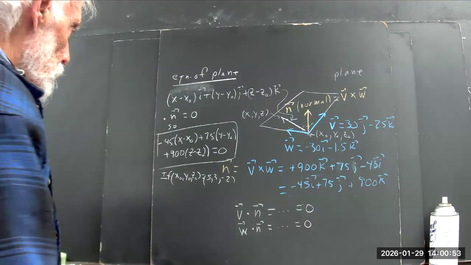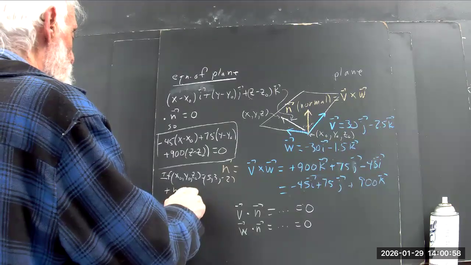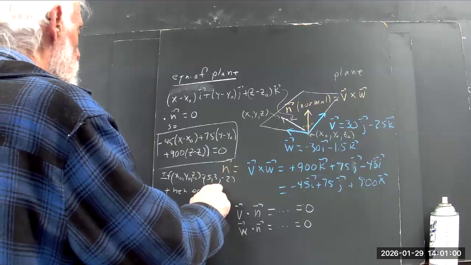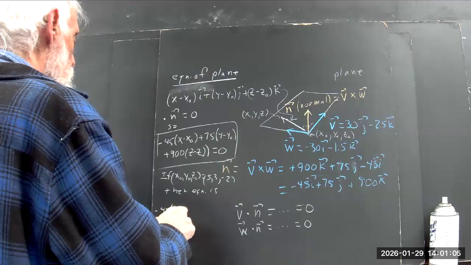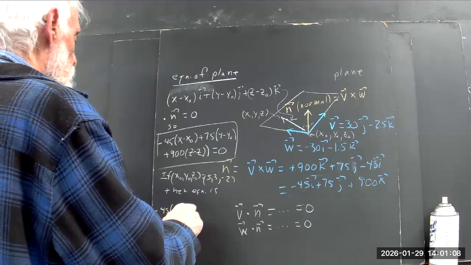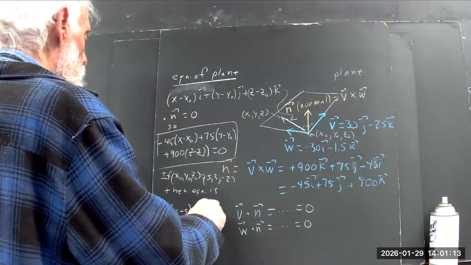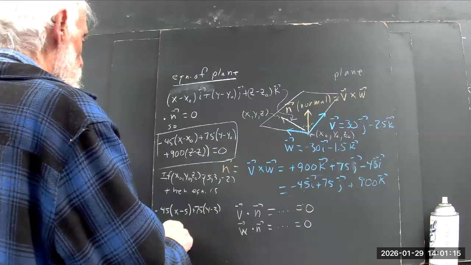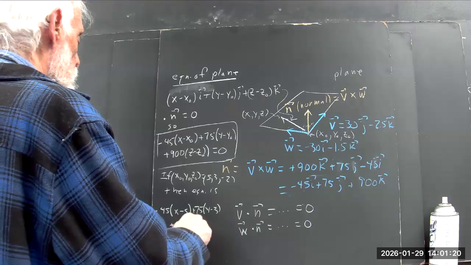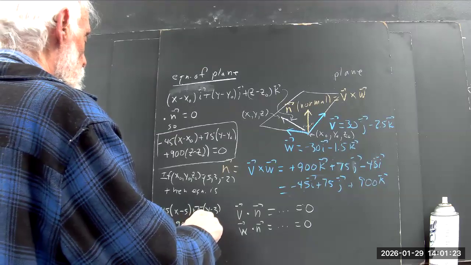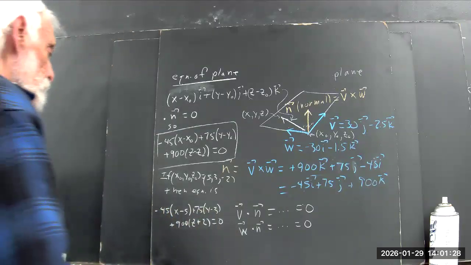Suppose X naught, Y naught, Z naught is 5, 3, negative 2. There's the equation.